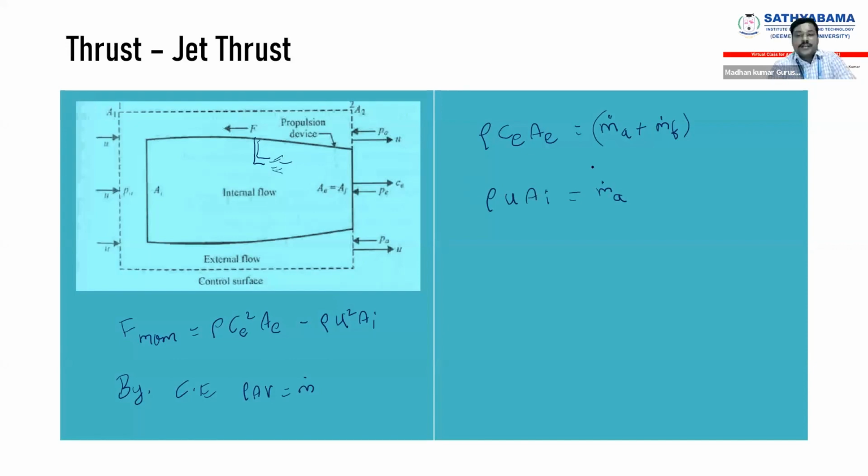And then you are going to substitute these two values in this momentum equation. So you are going to substitute 2 in 1. On substituting 2 in 1, what do we get?